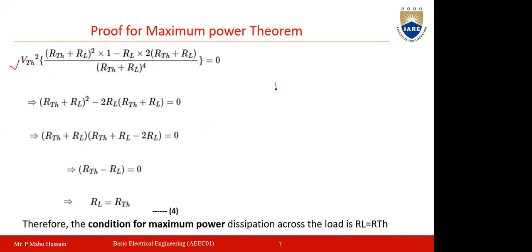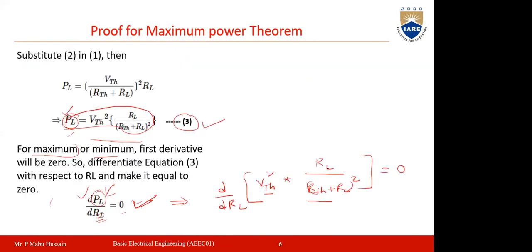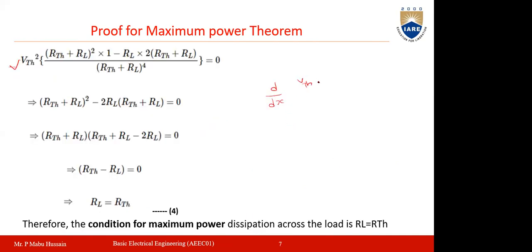You should remember this: d by dx of V Thevenin square into RL, one term, by R Thevenin plus RL whole square.